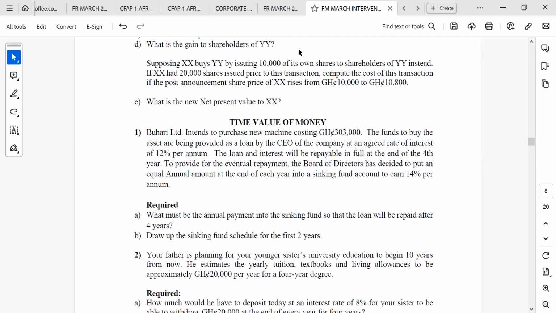All right. So you can see that this question is having a compound interest together with what? The sinking fund. Can you notice that?